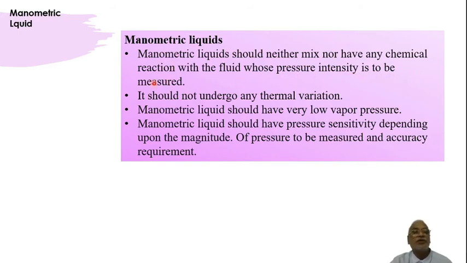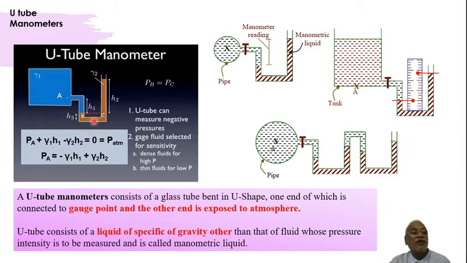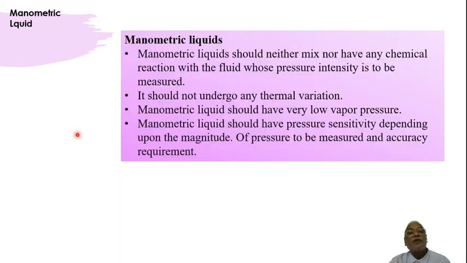Obvious it is, because at the interface if the reaction starts, then there will be a problem here at the interface. This manometric liquid should be inert enough to not react with the fluid there. Then it should not undergo any thermal variation. When the temperature decreases or increases, there shouldn't be any change in the volume too much.